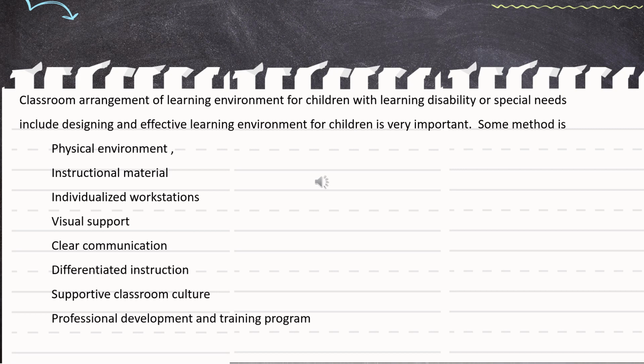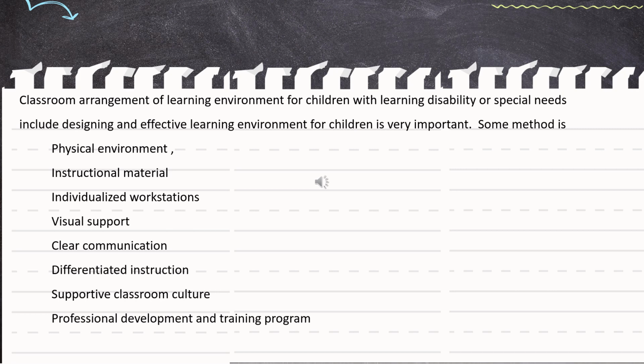It should be remembered that flexibility and individualization are the key components in creating an effective learning environment for children with learning disability or special needs. Regularly assessing and adjusting the environment based on the evolving needs of the student is also important.